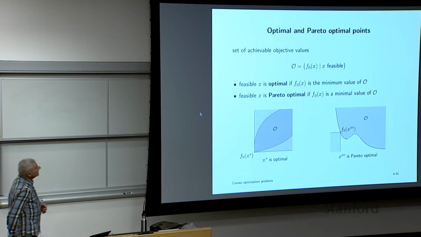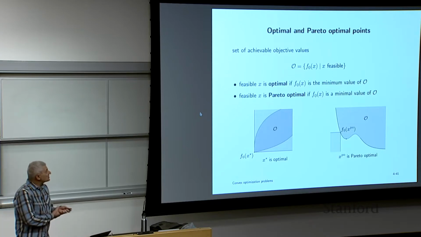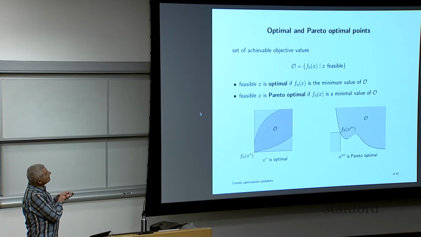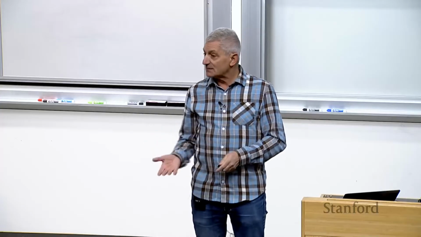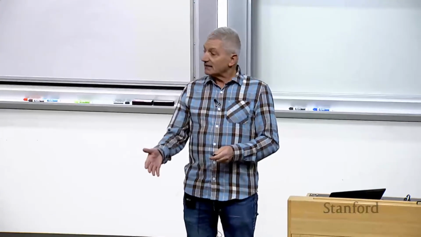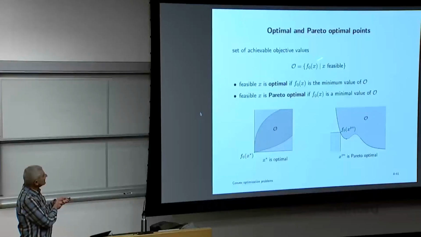Okay, all right. So the first thing we'll do is look at the set of achievable objective values. What that means is we screen out all choices of x which are not feasible, and we only look at the ones that are feasible. So they're the ones that don't get an immediate rejection. We look at the ones that are feasible, and then we look at the set of objectives.